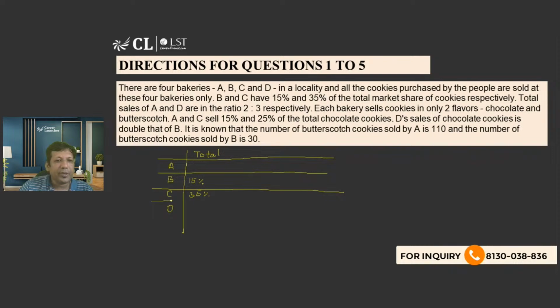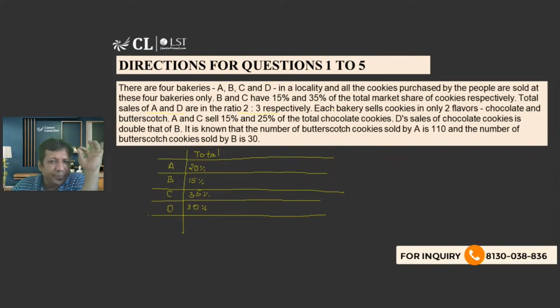The remaining 50% should be divided between A and D. Now it says the sale of A and D are in the ratio of 2:3. So if I break 50% in the ratio of 2:3, I am going to get 20% and 30%. So this is the overall distribution of cookies that we have.